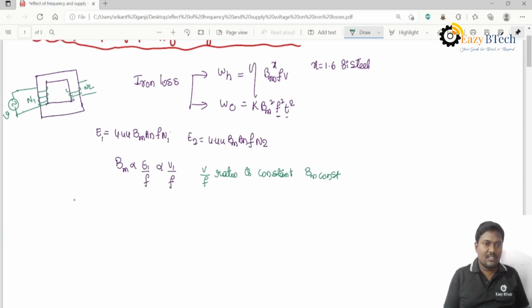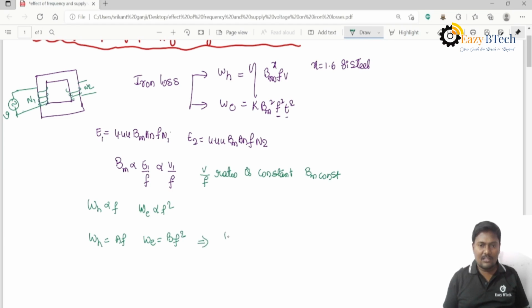Then hysteresis loss is directly proportional to f, and eddy current loss is directly proportional to f². Hysteresis loss is equal to A f, and eddy current loss is equal to B f².